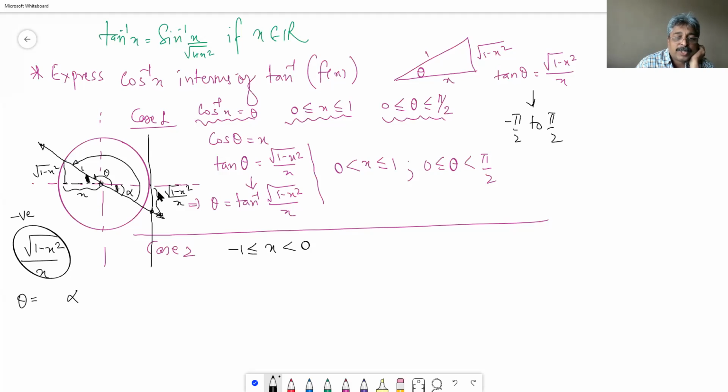And therefore, if you take tan inverse of this quantity, you will end up getting alpha back. Alpha is a negative angle. However, you wanted theta, which is between pi by 2 to pi.